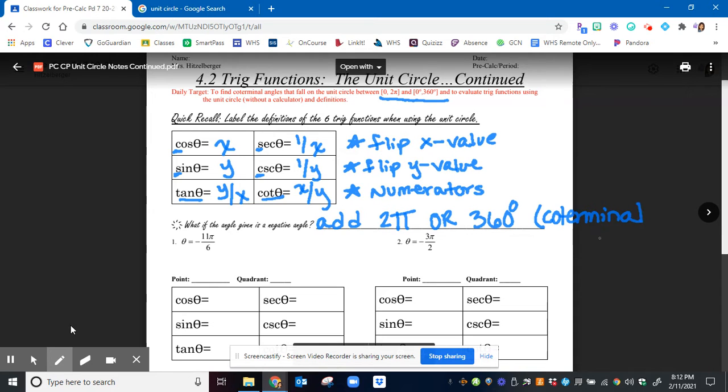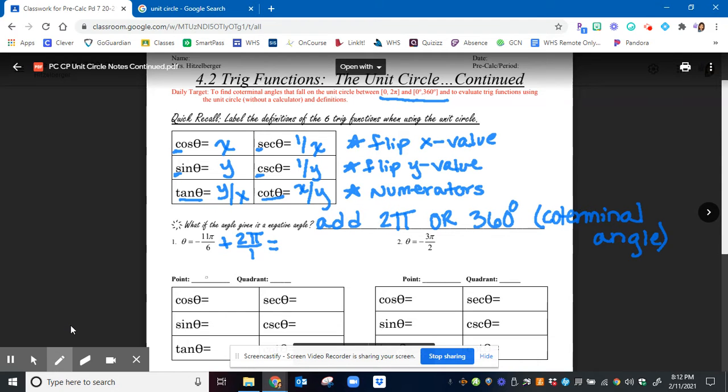Where it starts off, we're just doing one full rotation. If I add 2 pi over 1, it's rotating it one time in the counterclockwise direction, and making it land between 0 and 2 pi, in that domain.